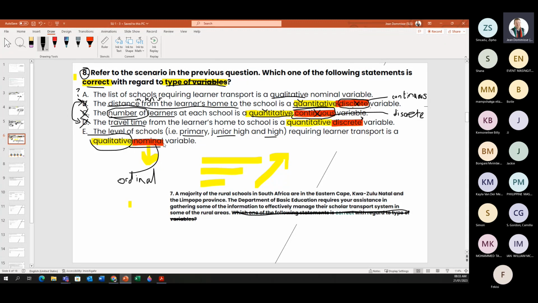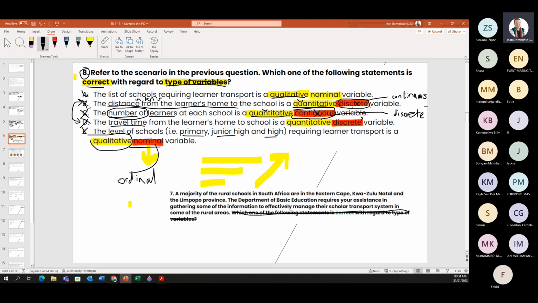So that is where the problem lies. So also incorrect. So let's look at that first one again. A list of schools requiring learner transport is qualitative. Yes, because you get a list of names. Nominal, yes, because there's no order in it. You just get a list of names, so that's a qualitative nominal variable, which is correct.